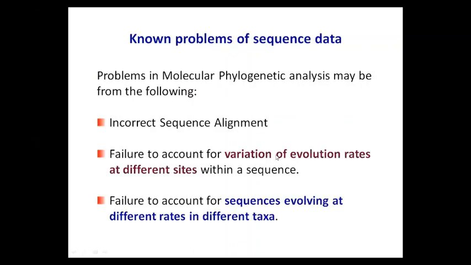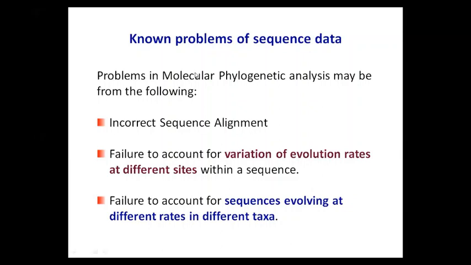Now there are some known problems in using molecular data for sequence alignment and thereafter phylogenetic analysis. Actually, for any kind of phylogenetic analysis to be done, the first and foremost prerequisite is to go for a sequence alignment to find out the similarity or differences among the sequences.